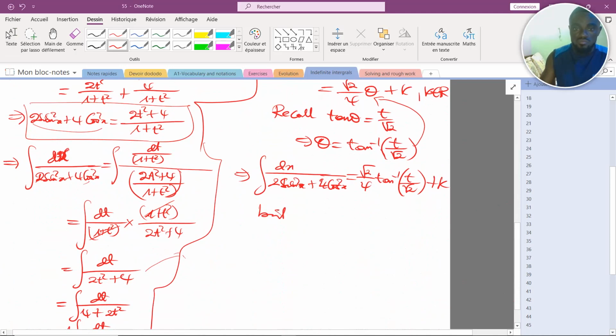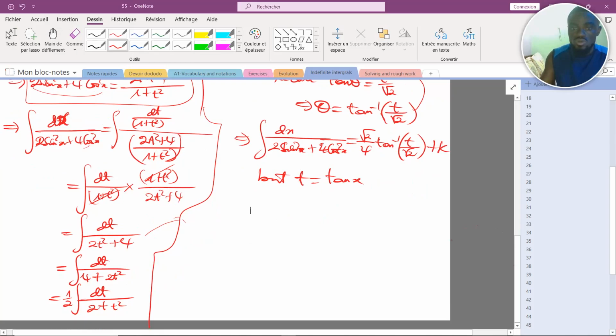So our t is equal to tan x, and wherever we see t, we substitute tan x.